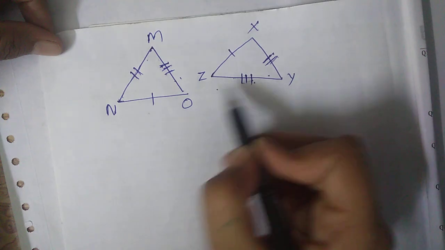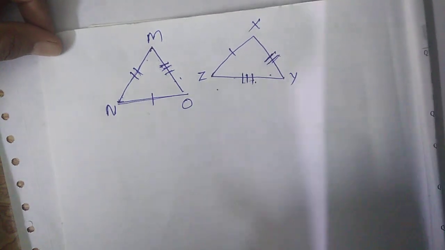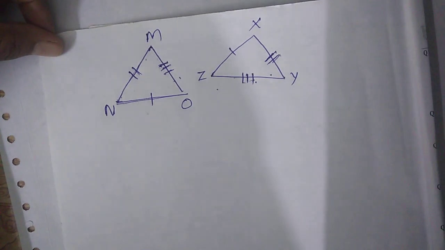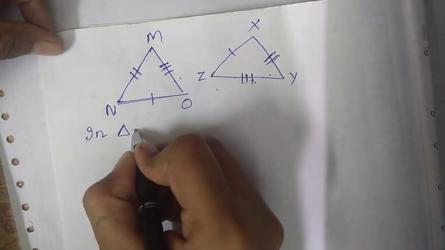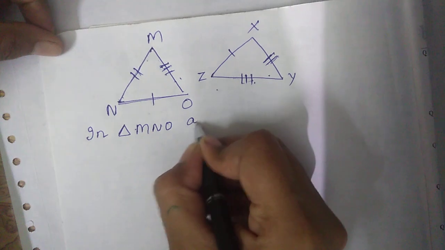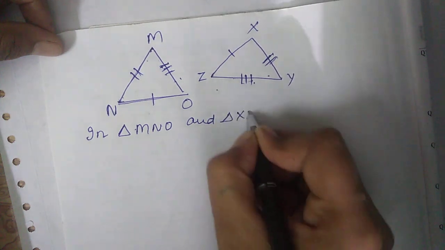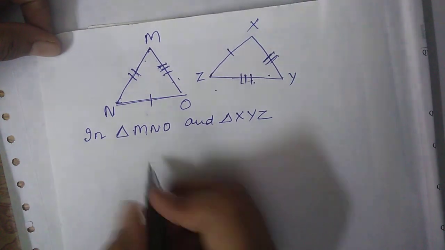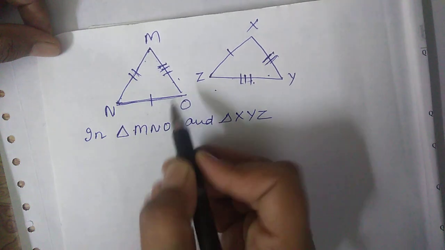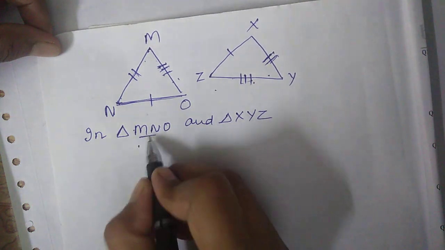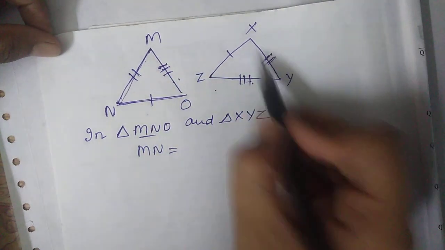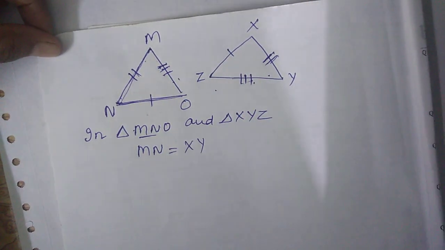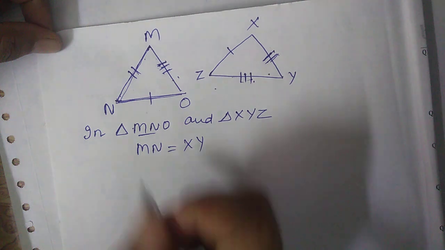So this side is equal to this and this side is equal to this, sorry, XZ. So first I will write the equal sides, and I am taking triangle MNO and triangle XYZ. So first let us take this side. MN is equal to what? MN is equal to XY. These two sides are equal.